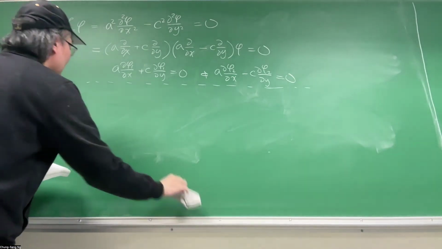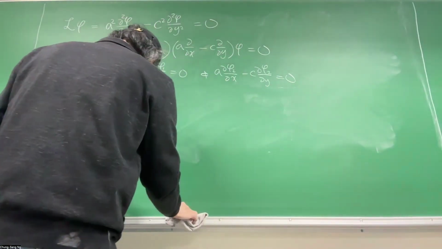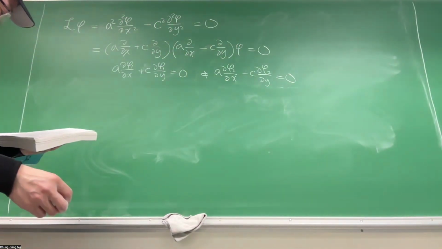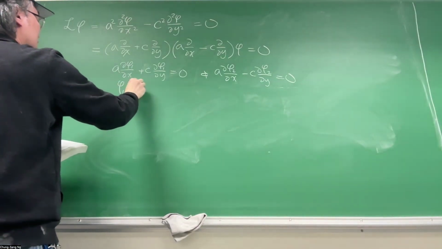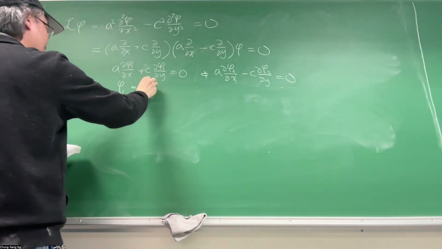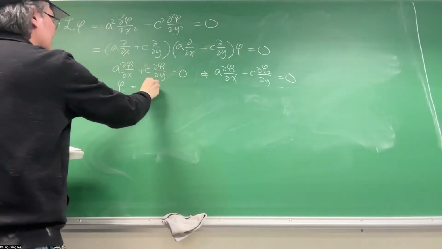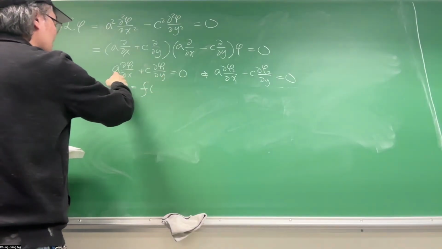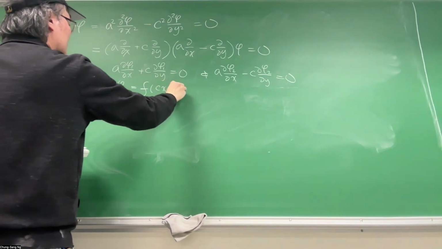All right. And to connect to the next discussion, we should write the solution out. So phi 1 is equal to some general function, just like what we did before, of c times x minus a times y.